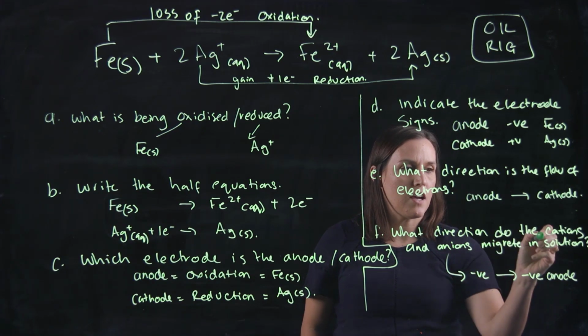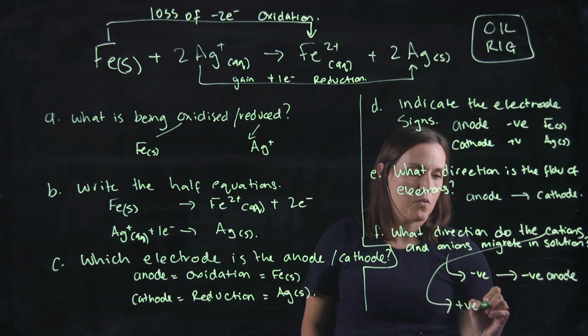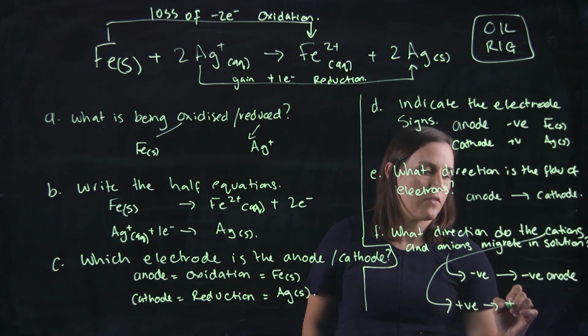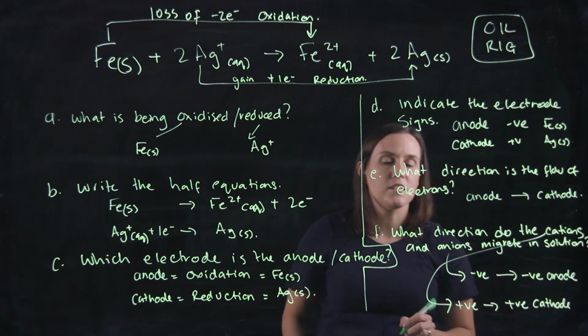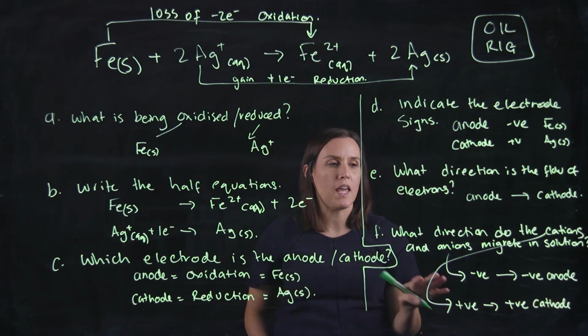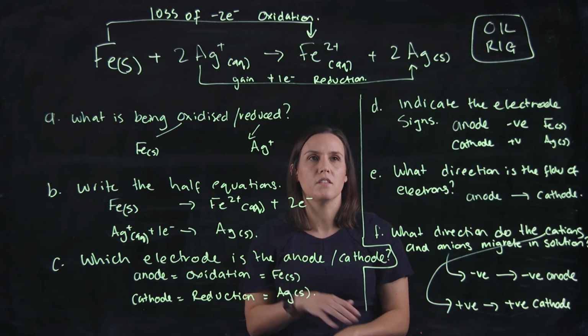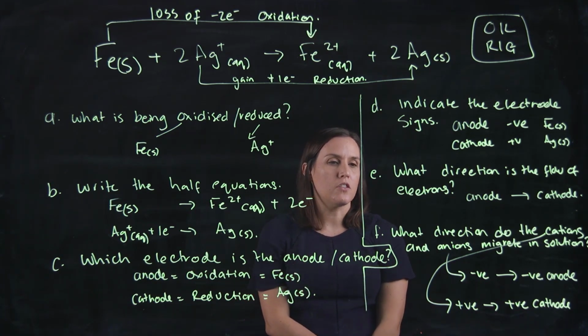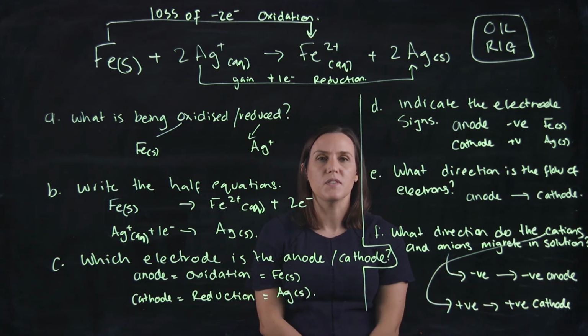And your cations, being positive, migrate towards your positive side, which is your cathode. So this is coming from that salt bridge, and that maintains neutrality within the solution. Okay, so with the positives going to the positives and the negatives going to the negatives, it can maintain that neutrality.